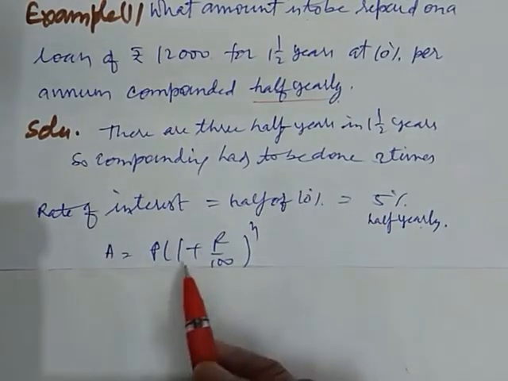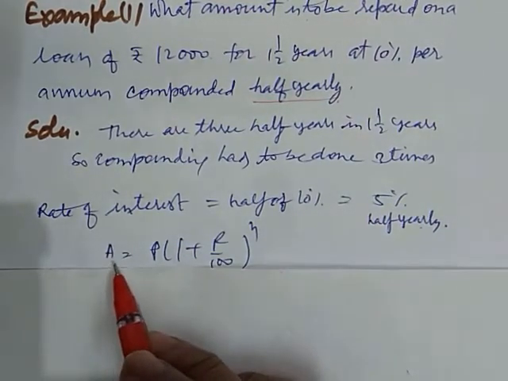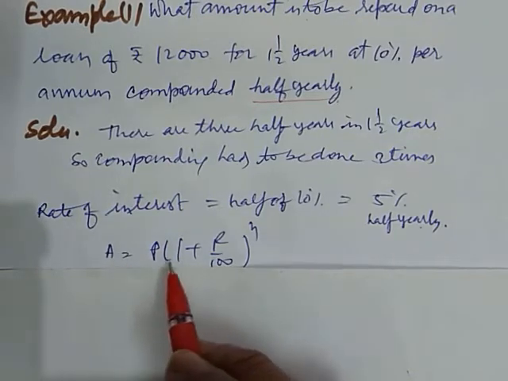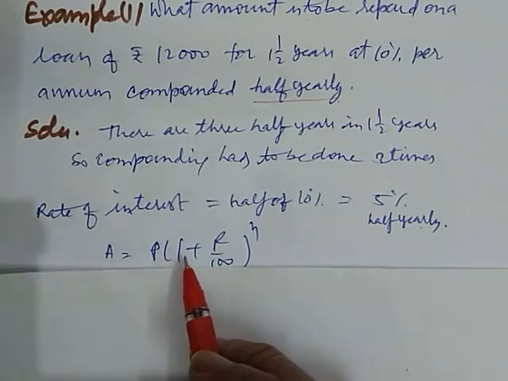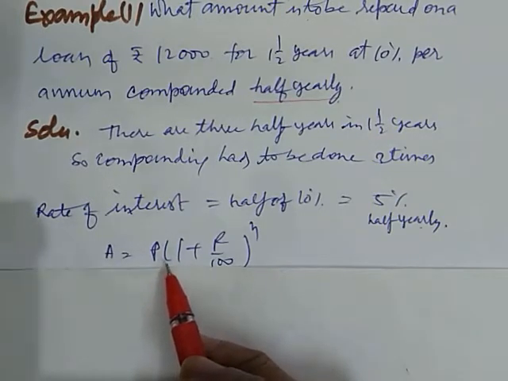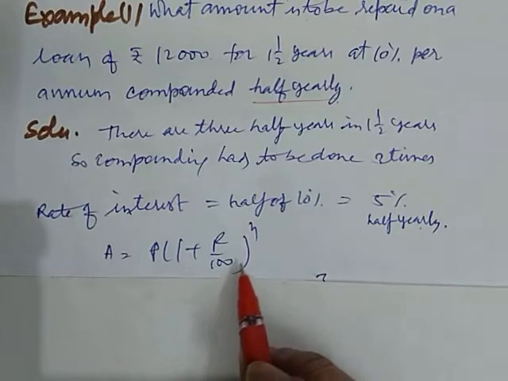Now we use the formula. The amount A equals P, that is principal, into (1 plus R by 100) power n.